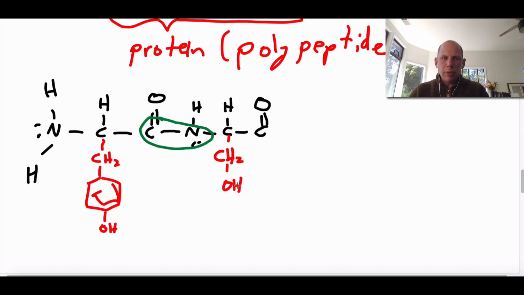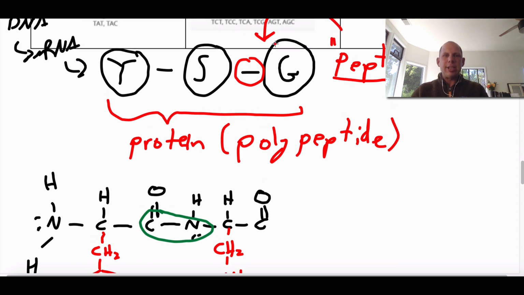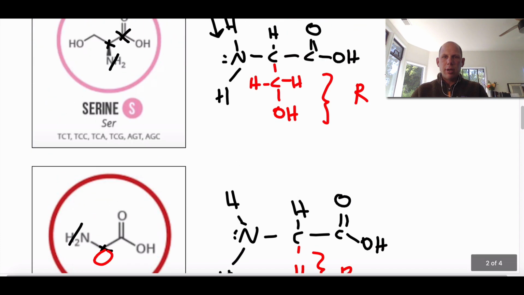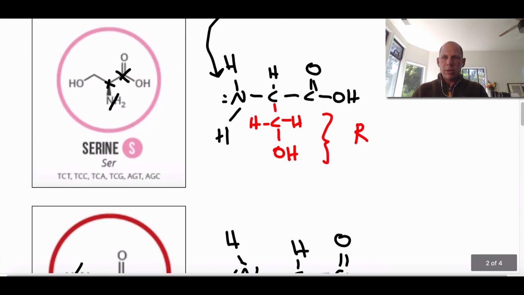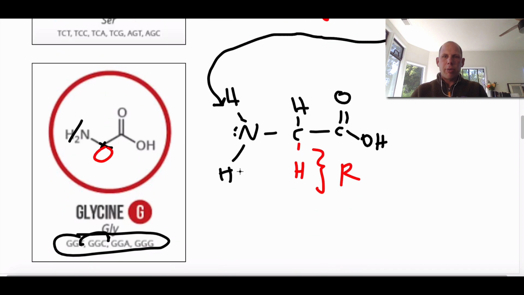CH2OH. Okay. And now we have one more peptide bond that needs to happen between serine and glycine. Okay, so what's going to happen here is just like we saw up here, the carboxyl group on serine and the amine group on glycine are going to go there and form a peptide bond.